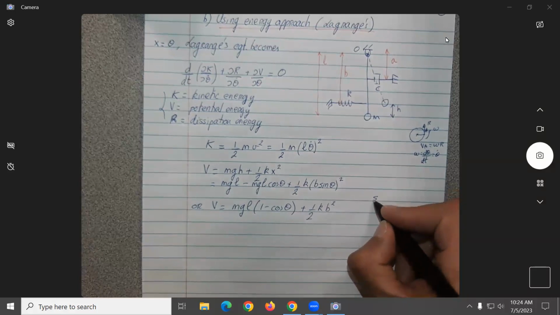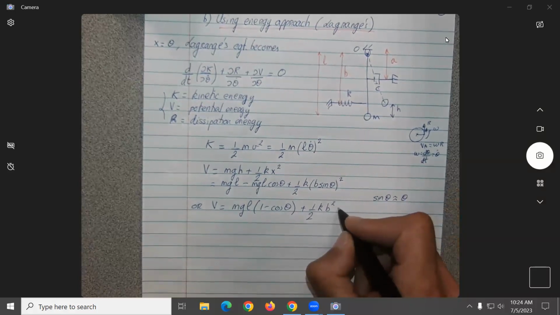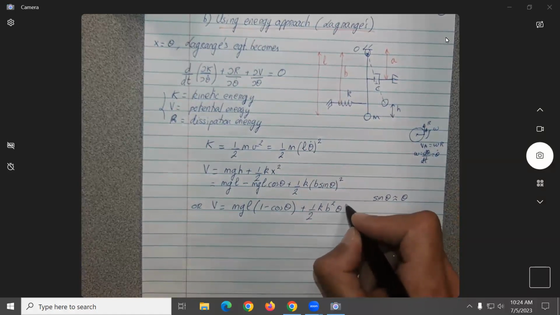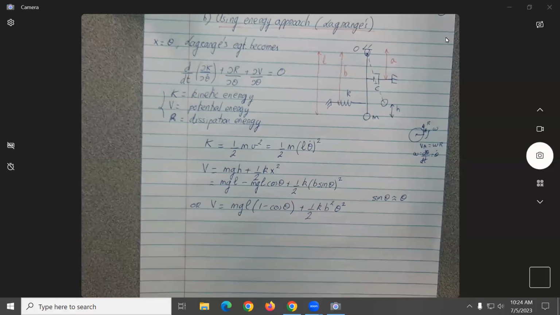And here I'm going to do again the small angular approximation, cosine theta approximately equal to 1 minus theta squared over 2, so it will give you theta squared.